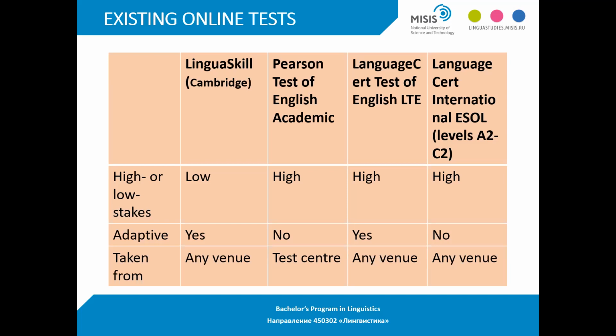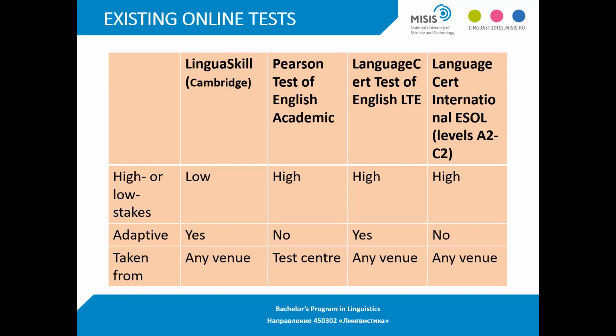So Cambridge has a test which is called LinguaSkill, and it is so-called low stakes because it doesn't give you a certificate. It's not an exam, it is a test. It only gives you the statement of result, which is important, of course, but this is not something you can use for university admission or anything.